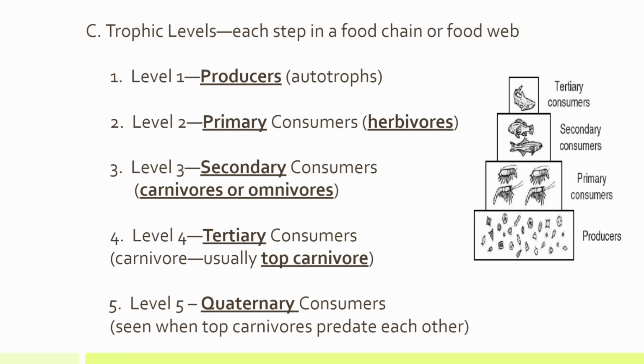A tertiary consumer is generally a top carnivore and will eat other secondary consumers and maybe also primary consumers. But if a quaternary consumer does exist in an ecosystem, they also eat the top carnivore, and they generally predate each other. So you'll see tertiary and quaternary consumers compete and have each other as food items in their diet.